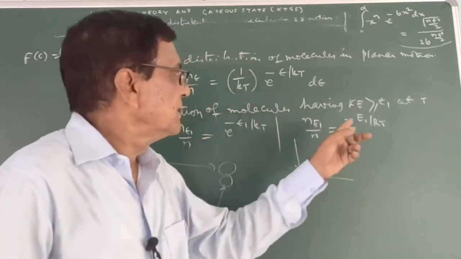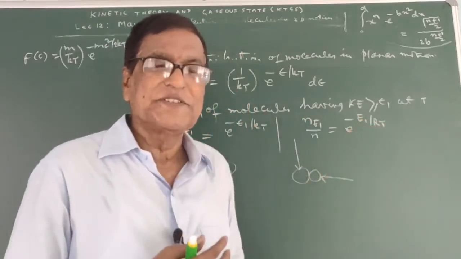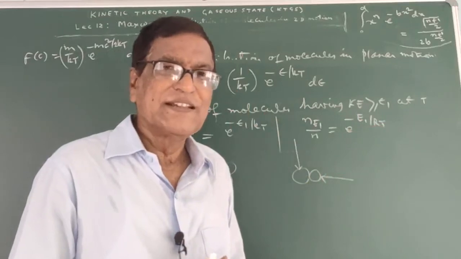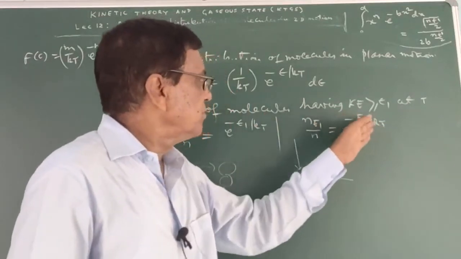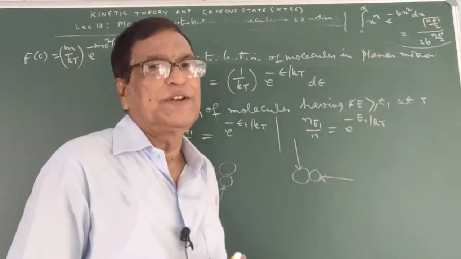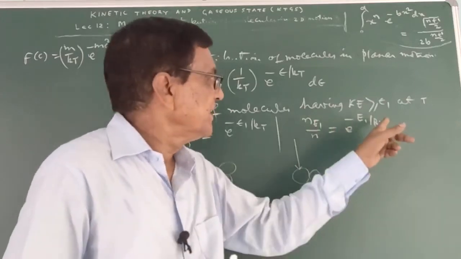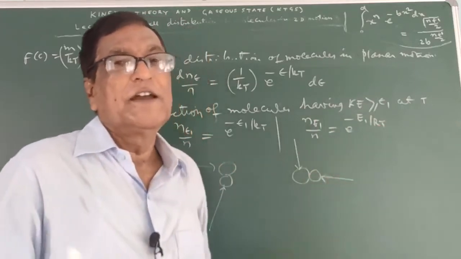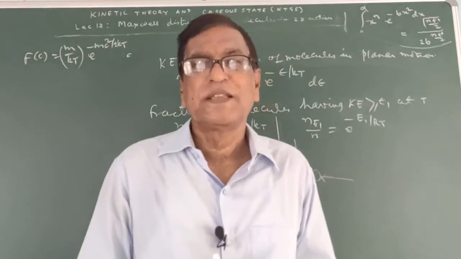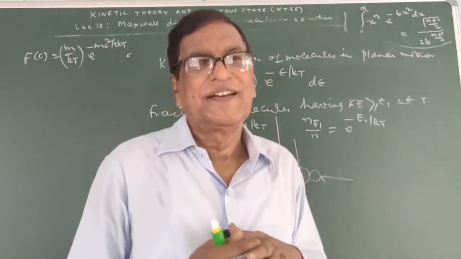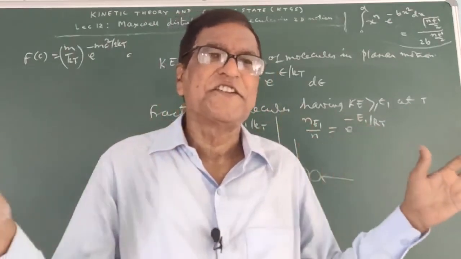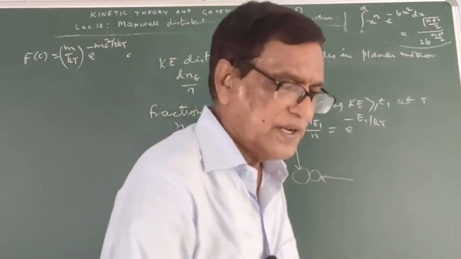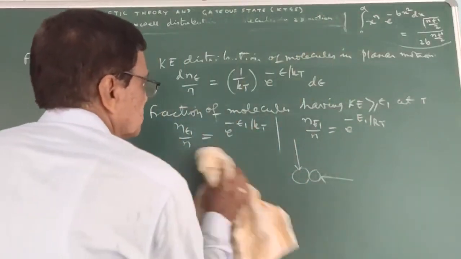So epsilon E1 may be taken as the activation energy per mole. By this formula you can calculate, at a given temperature, what fraction of the molecules will acquire the activation energy. We can work out one problem.